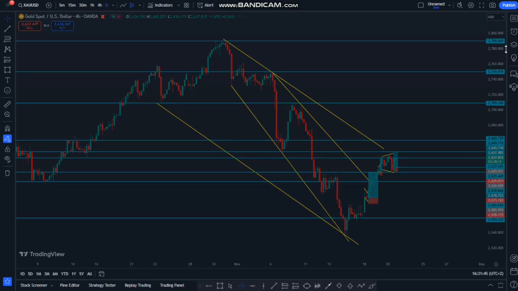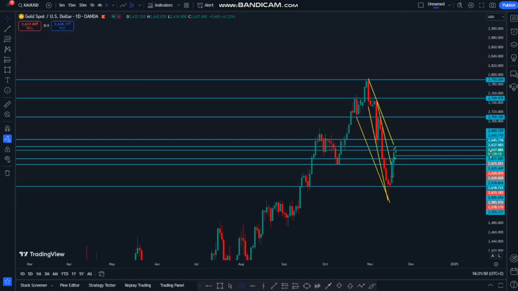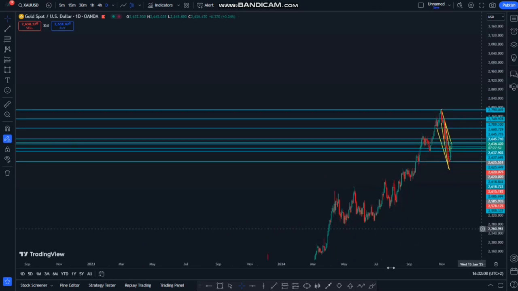All right. At a daily time frame, this is where we get to identify the best levels where the market reacted previously. All right, let's go to 4 hour time frame, because as you can see, gold is at the highest level.